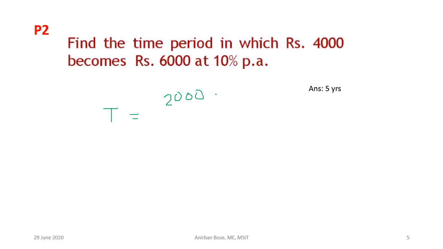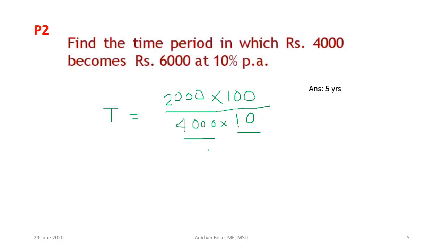So 2,000 into 100 divided by the principal, which is 4,000, into the rate of interest, which is 10. The formula is simple interest into 100 divided by principal into rate of interest.